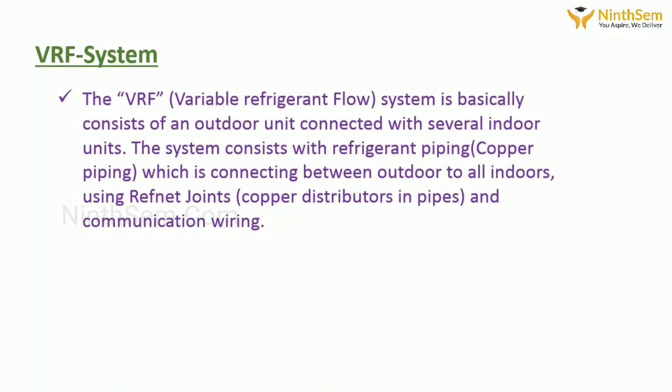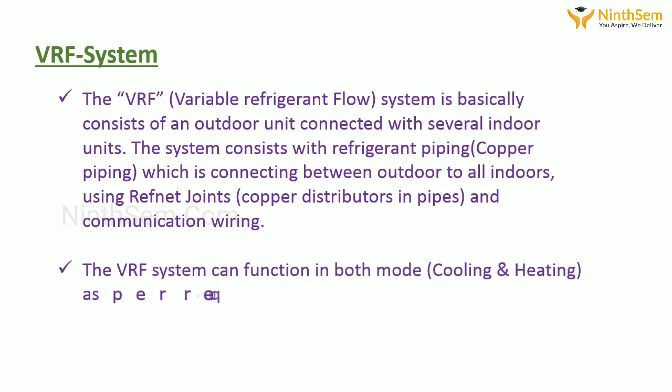The system consists of refrigerant piping, that is copper piping, connecting the outdoor unit to all indoor units using Refnet joints, that is copper distributors in pipes, and communication wiring. The VRF system can function in both modes, that is cooling and heating, as per requirement.